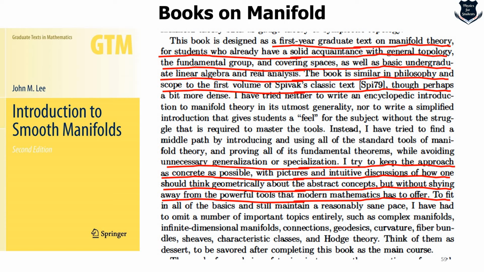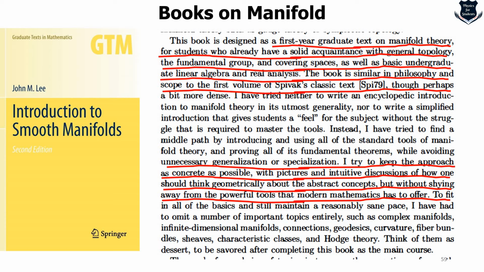This is tremendous. So he tells right at the beginning that the approach of this book is to show how you can think geometrically about those abstract concepts, which are very much equations, but you should not shy away from using those powerful tools which modern mathematics offers. This is also something important.